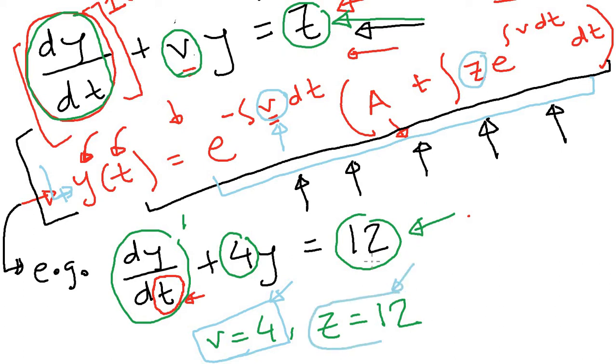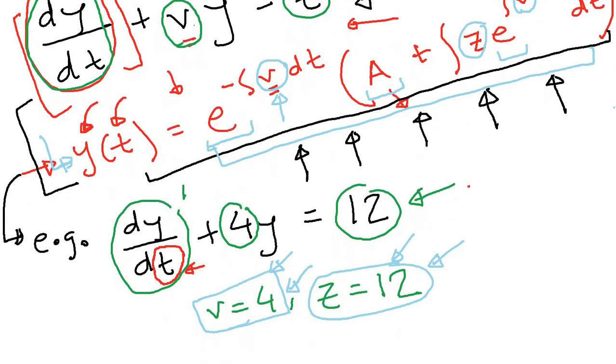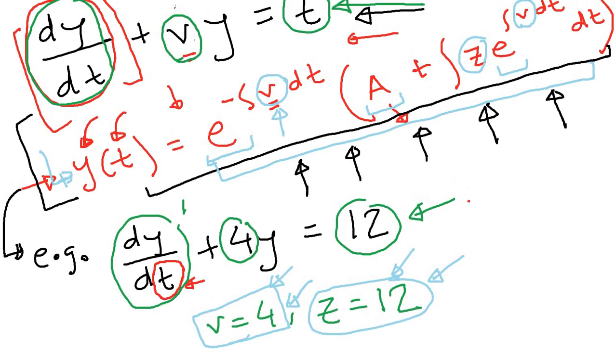Please understand, you don't really need the other things, because e is a number available in your calculator, a is a constant, you don't really have to worry about this for now. So you just need mainly these two things, v and z, and you have them. So now all you need to do is substitute v and z into the solution.